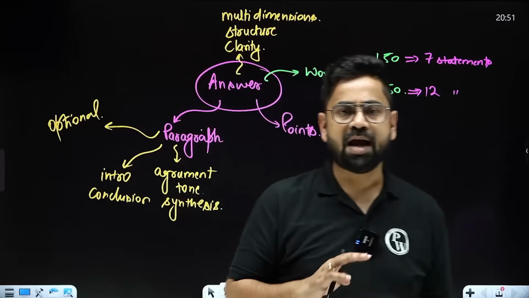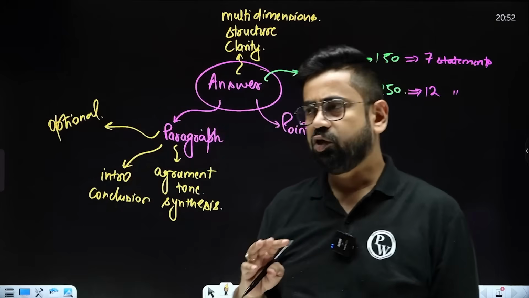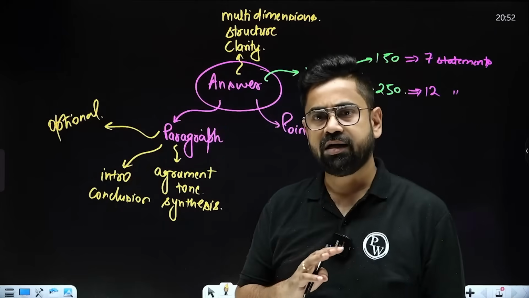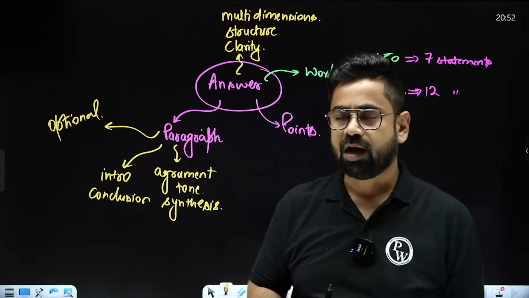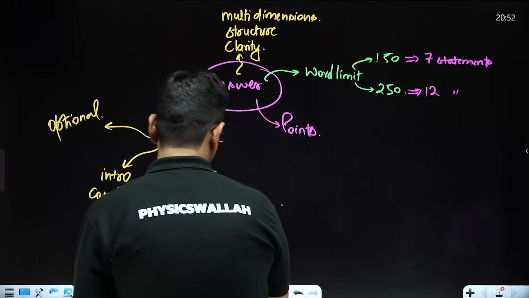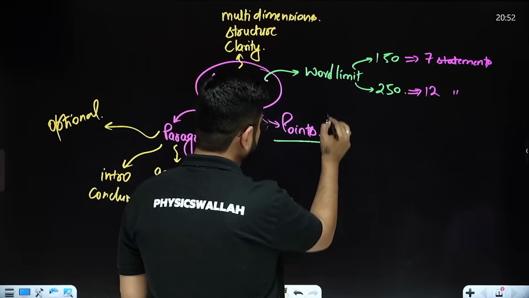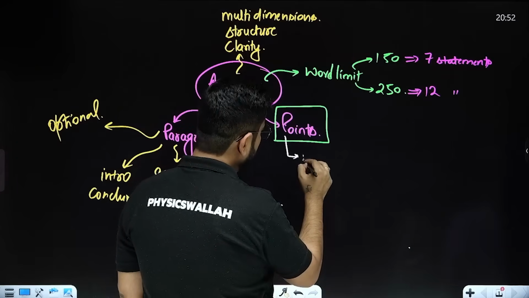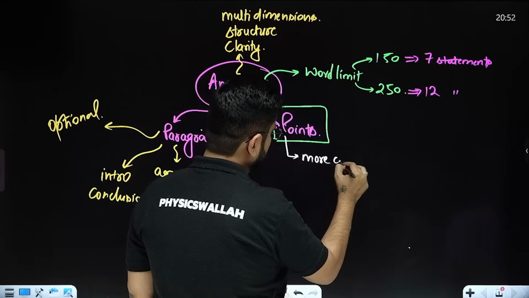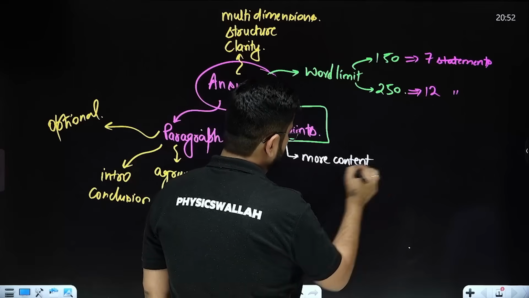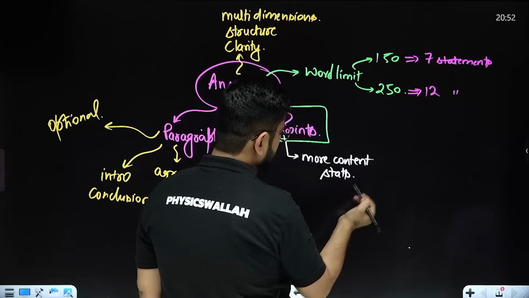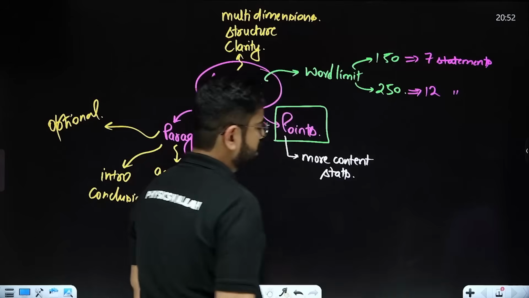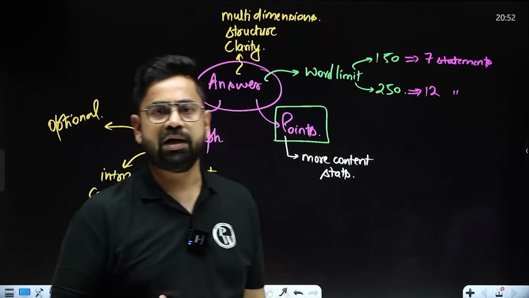In these cases, paragraph works wonders, and that is great. But otherwise, pointers will require fewer words, and you will be able to provide more content, more stats, without worrying that for the completion of a statement you will have to spend more words.